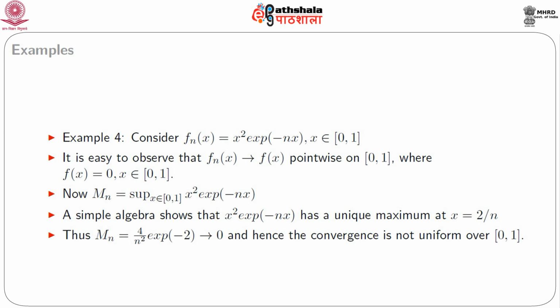Now, in this case the supremum value can be calculated, and we find Mn using the supremum value. Actually, simple algebra shows that x square multiplied by e to the power minus nx has a unique maximum at x equal to 2 by n, and thus Mn comes out as 4 by n square multiplied by e to the power minus 2, which goes to 0, and hence the convergence is not uniform over [0, 1].